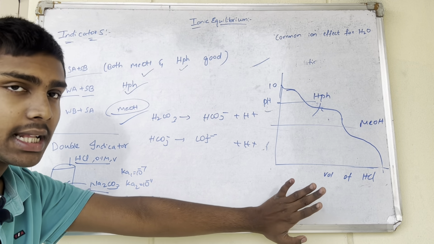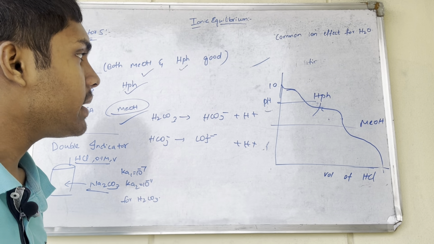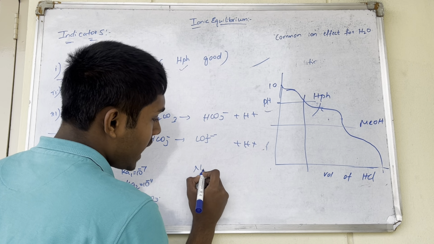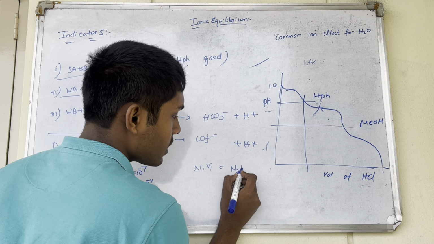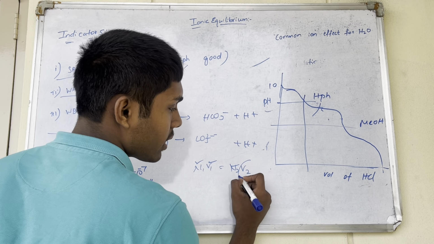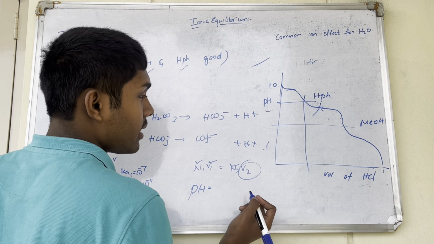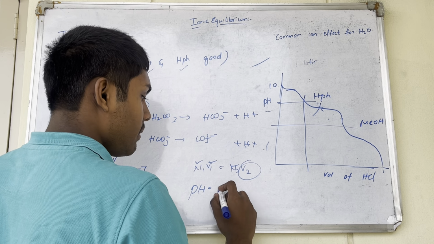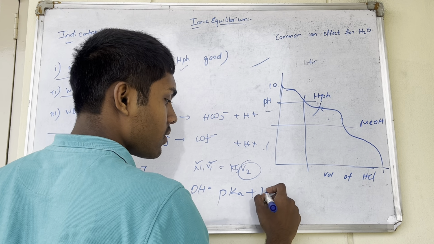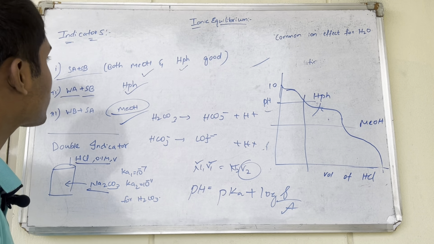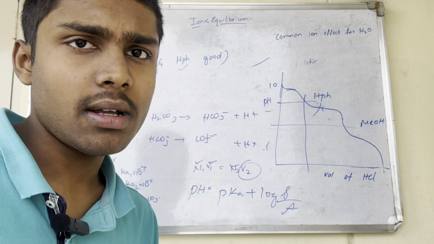By observation you can tell this, and you can find the volume at the equivalence point by using N1V1 equal to N2V2. We have these two. Once you get the volume, pH equals that buffer solution formula, pKa plus log of salt upon acid. Done. This is how we find pH at the equivalence point, right?